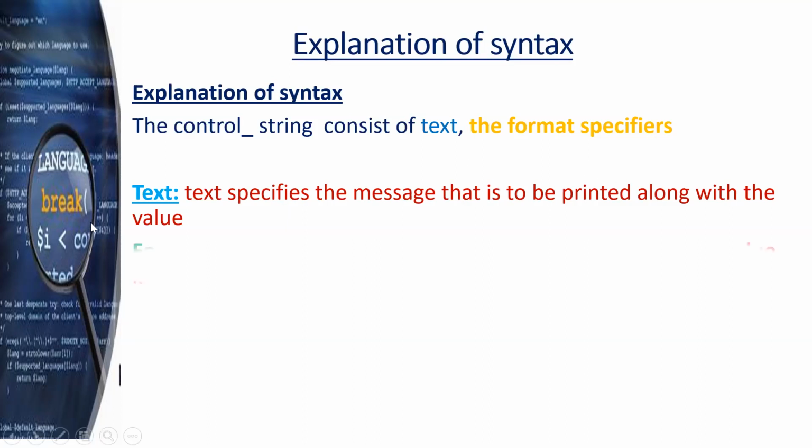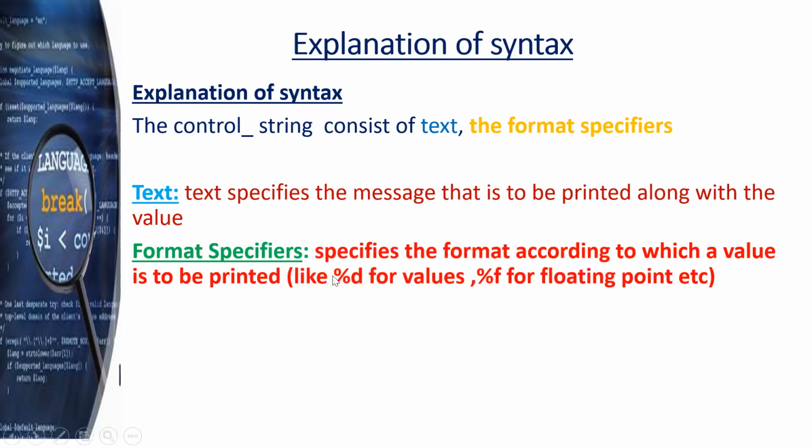Clear? Format specifiers specify the format according to which a value is to be printed. Okay, like %d. %d is a format specifier in which the values will be assigned. Clear? %f is used for floating points.